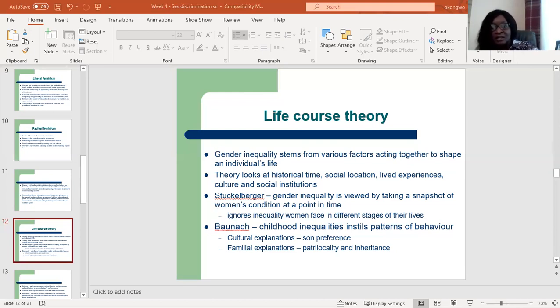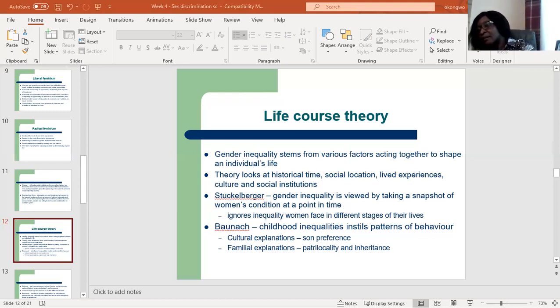Imagine a society saying that men are superior. This will affect a girl child growing up. She will grow up with a feeling of inferiority. This would affect her as an adult, because she's had this concept as a child that she's inferior, so she'll grow up to think that same way.